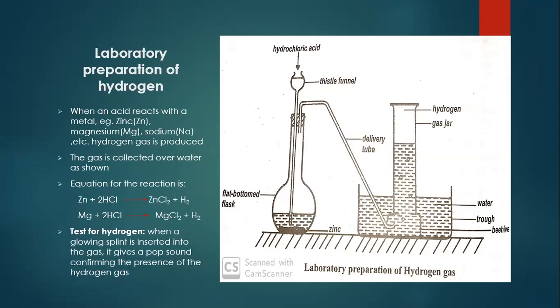If you don't have a pop sound when you bring a glowing splint close to the gas, that is not hydrogen gas. So when a glowing splint is inserted into the gas jar, it gives a pop sound which confirms the presence of hydrogen gas. So this is how hydrogen gas is produced in the lab.